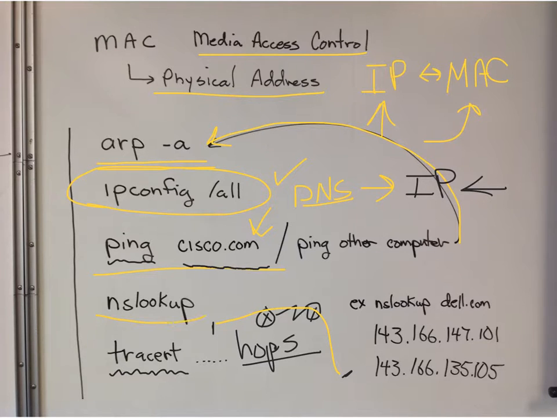Name services lookup. You can type it like this, and then an example would be Dell, and then it returned the IP addresses that work for Dell. So these are stored in the domain name services.